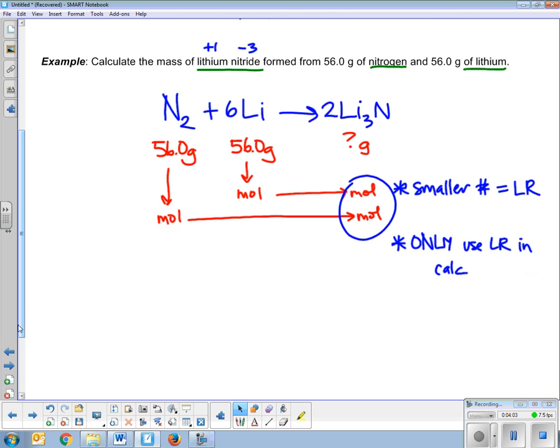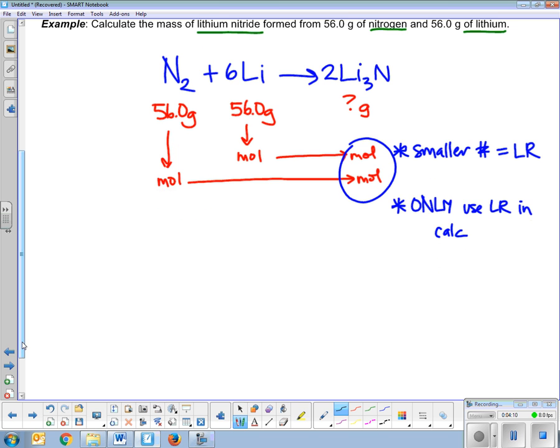All right, first we've got to convert them both to moles of their same substances and then moles of that lithium nitride. So I'll start with the 56.0 grams of nitrogen. First job is to change grams of nitrogen to moles. There's 1 mole. Grams, nitrogen is 14.01, but it's N2, so that's 28.02.